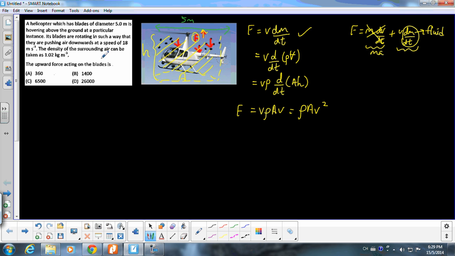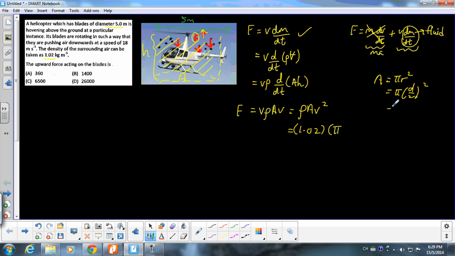Now we look at the question. What information do they give you? They give you the density, 1.02. What about the area? The area is a circle. A circle is pi r squared, but because they give you the diameter, you should use pi d squared over 4, since r is diameter over 2.